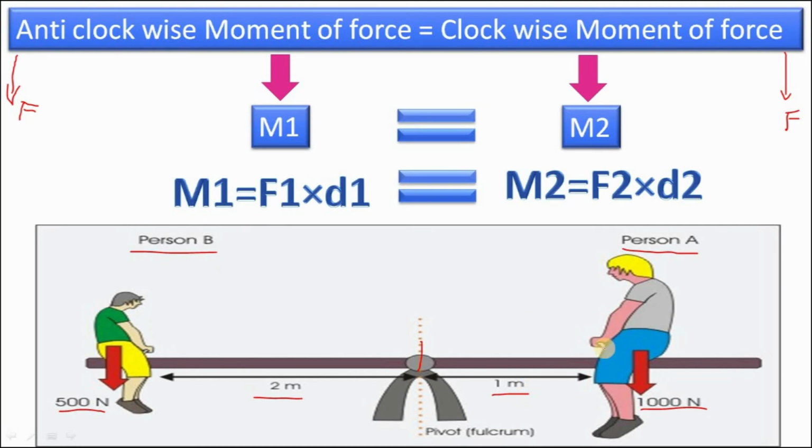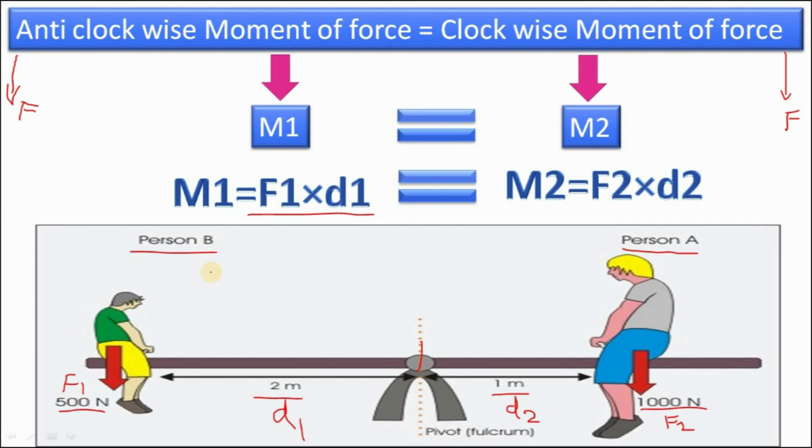So how is this system going to be in equilibrium? Let's check it out. According to the formula, force 1 is 500 newtons and D1 is 2 meters. Force 2 is 1000 newtons and D2 is 1 meter. Substitute these values and you can find the equilibrium of forces.